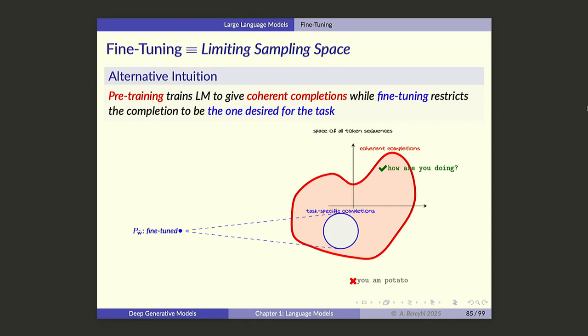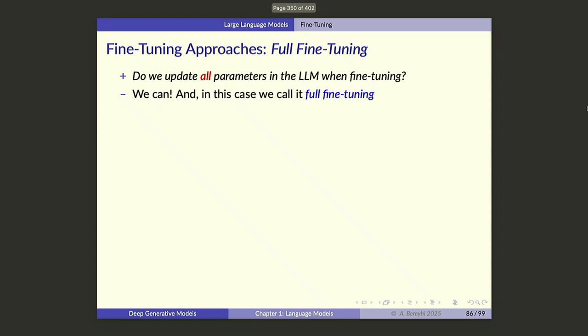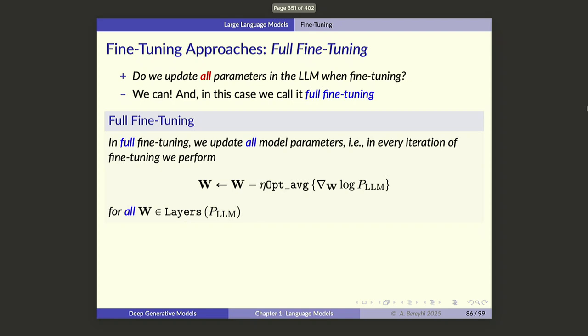No question? Okay, great. Then a few notes on the kinds of fine-tuning that you can do. The general formulation that I told you is what we call full fine-tuning. By full fine-tuning, I mean that you go over every single layer inside your large language model.